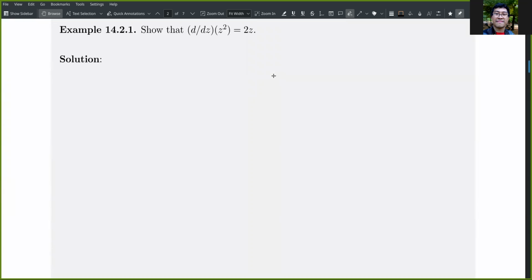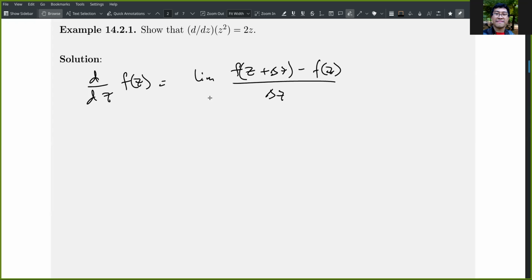As a simple example, let's find the derivative of z squared. We need to show that it is 2z, just like when we do the normal derivative on real variables. By definition, you have d by dz of f of z equal to the limit of f of z plus delta z minus f of z divided by delta z as delta z approaches 0.